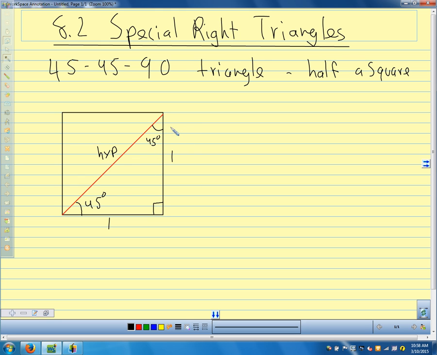So let's find the length of the hypotenuse. We'll call it C, so we have C squared equals A squared plus B squared, 1 squared plus 1 squared. So C squared equals 2. Take the square root of both sides, so C equals the square root of 2.